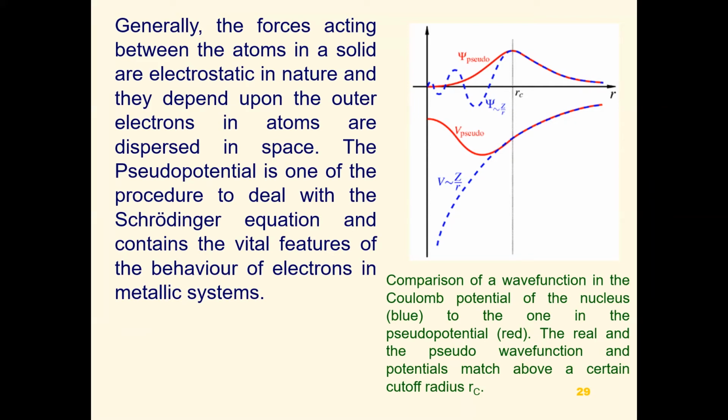In the comparison, the wave function in the Coulomb potential of the nucleus is given by the blue line, and the one for the pseudopotential is represented by the solid red line. The real and pseudo wave functions and the potentials related to these two match above a certain cutoff radius RC.